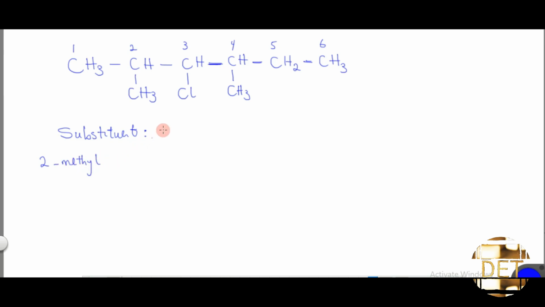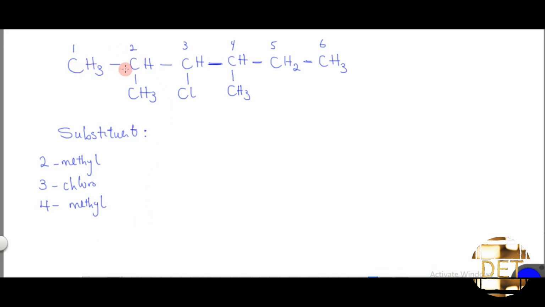This is one of the substituents that we have. We have a chloro group, chlorine, at position 3. So this is 3-chloro. Then we have a methyl group again at position 4. So that is 4-methyl.